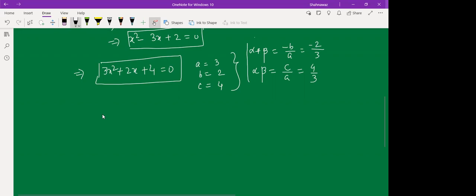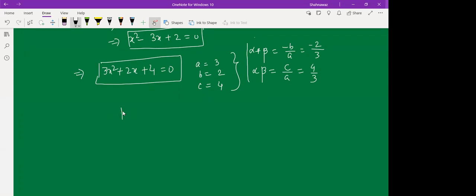So in your school, did they do the cubic equation? No, sir. Achha, they didn't do the cubic equation and they didn't do the division algorithm also, right? The division algorithm that I taught you in the previous class.